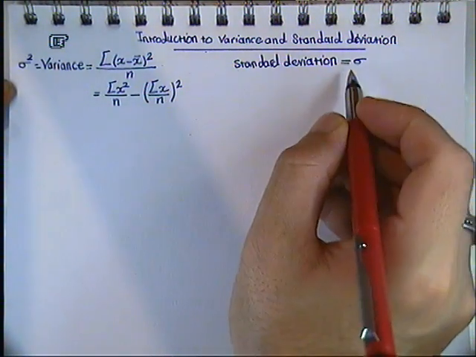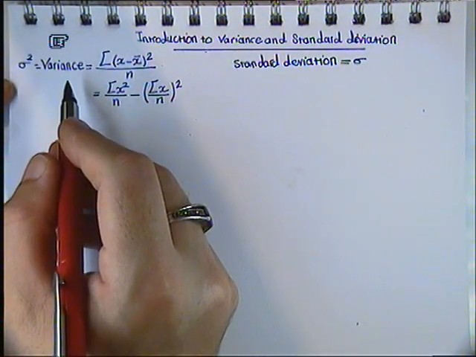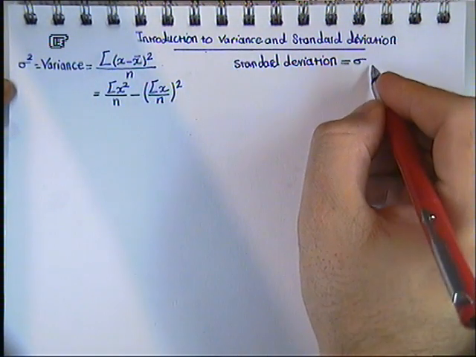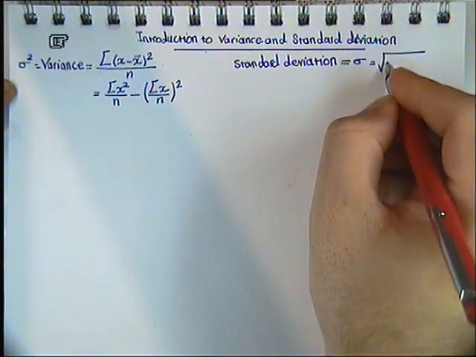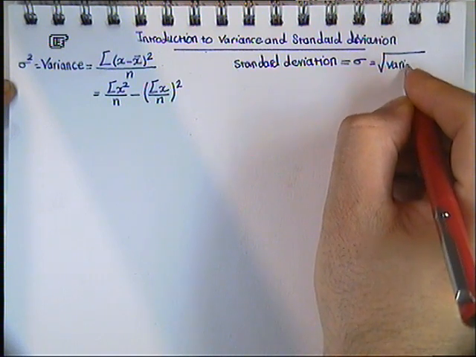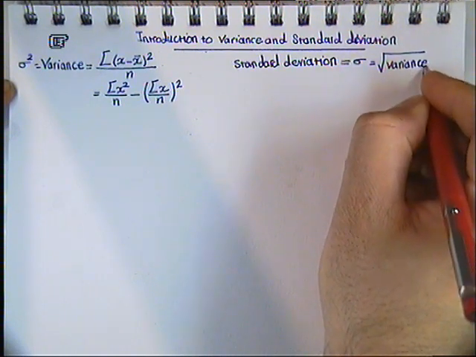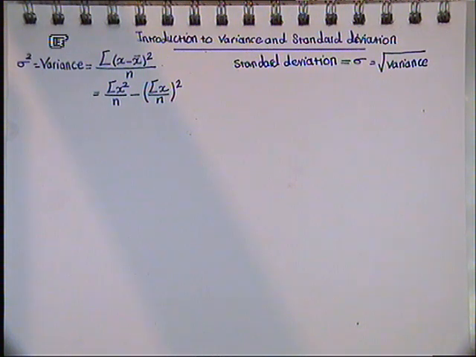So standard deviation is sigma, so variance is sigma squared. Therefore, a standard deviation is equal to the square root of the variance. So to find standard deviation, all we need to do is work out the variance and square root that.